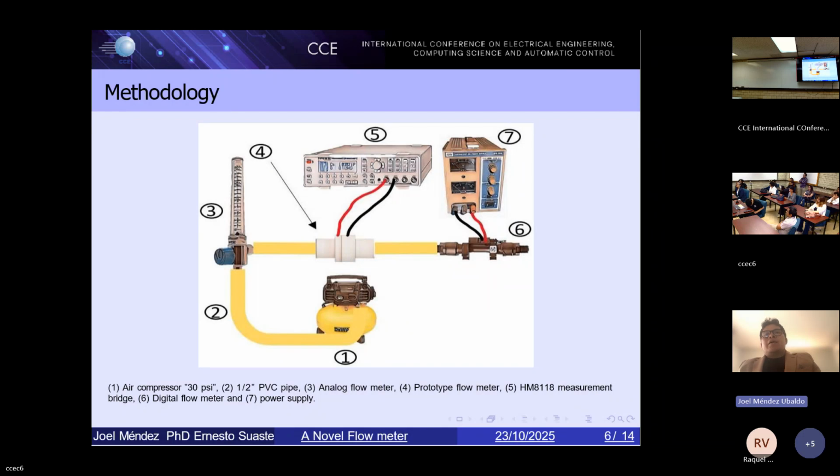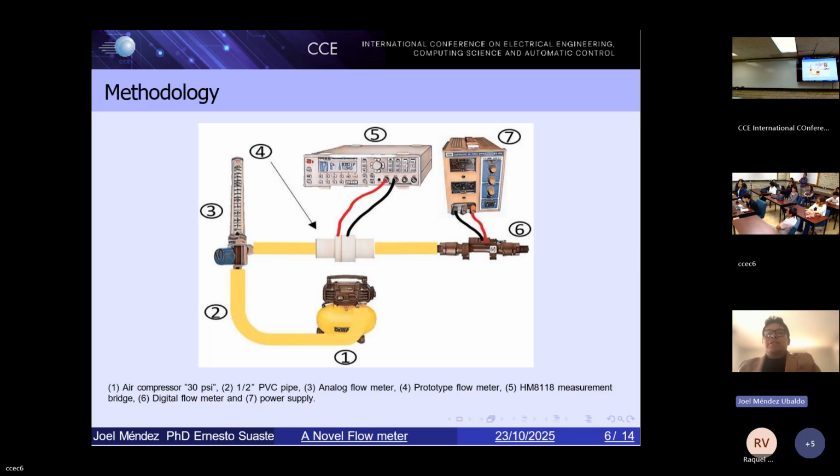This instrument allows us to control the airflow. And the fourth element is the prototype flow meter. In this case, these prototypes are assembled, and in its interior, you can see the PVDF.